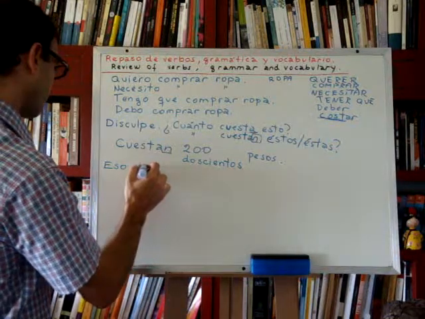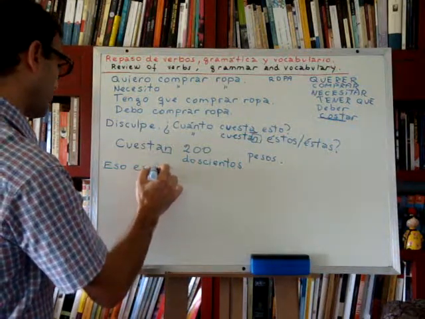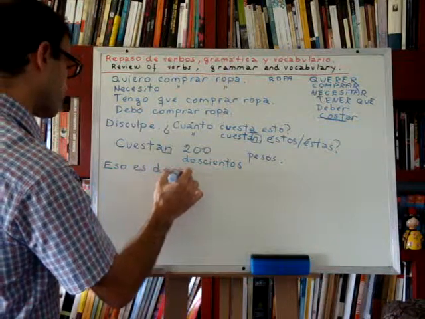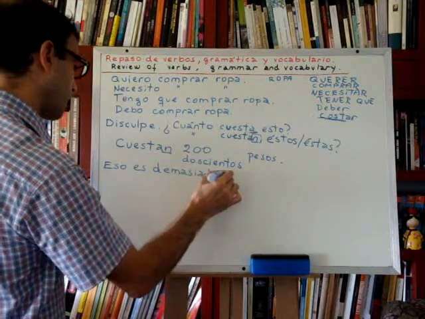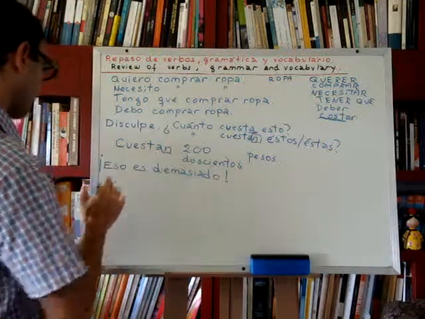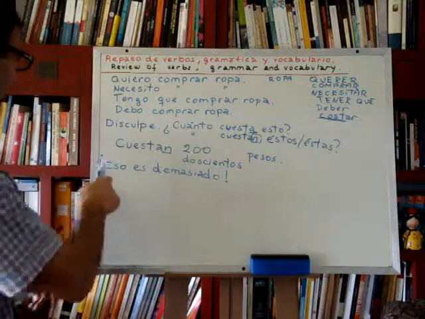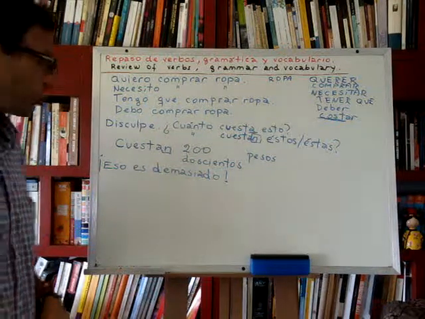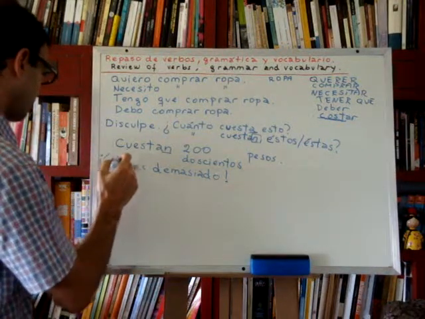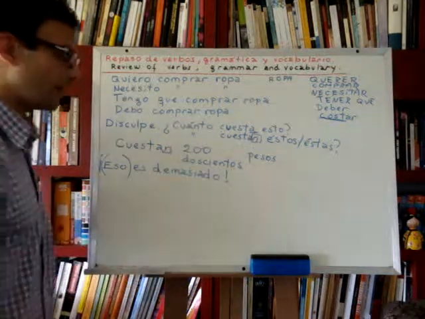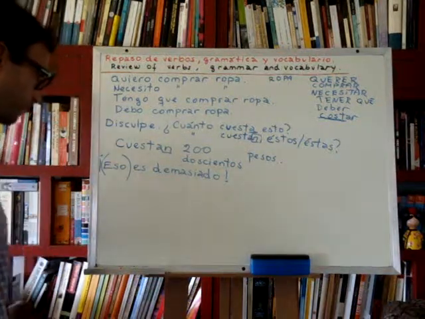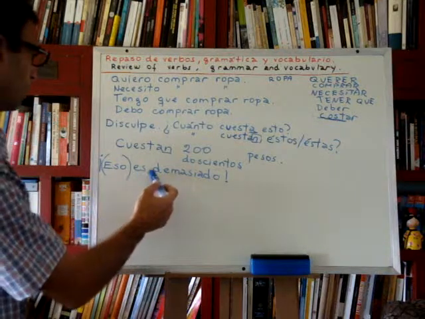Eso es demasiado, for too much. But since we can also omit the subject, we can also say es demasiado. It is too much.